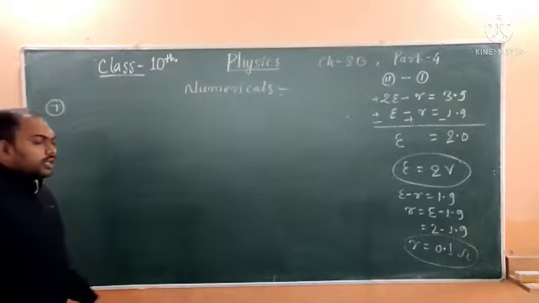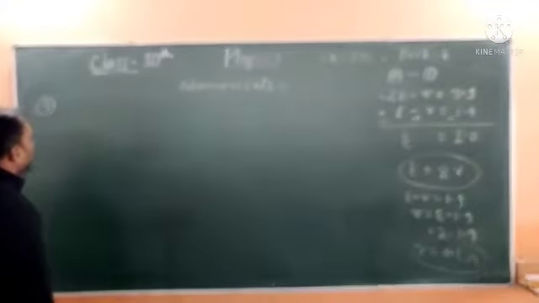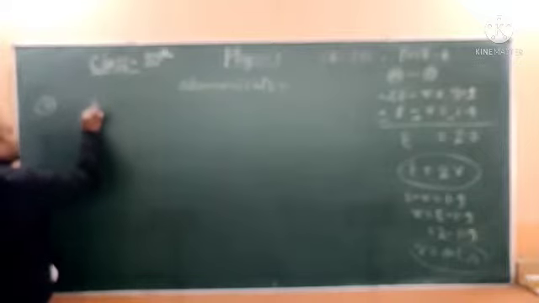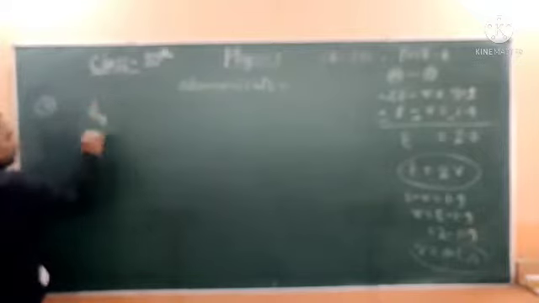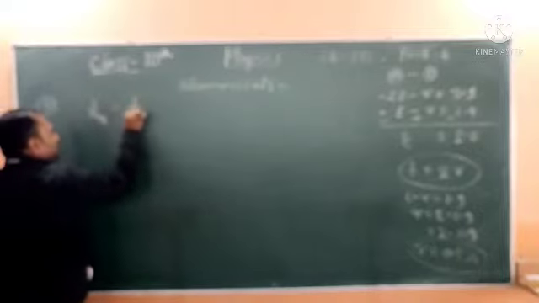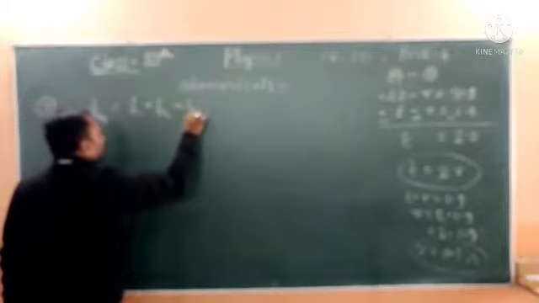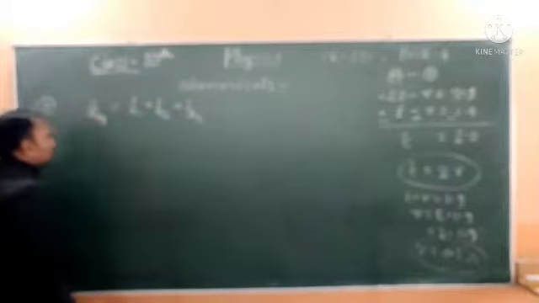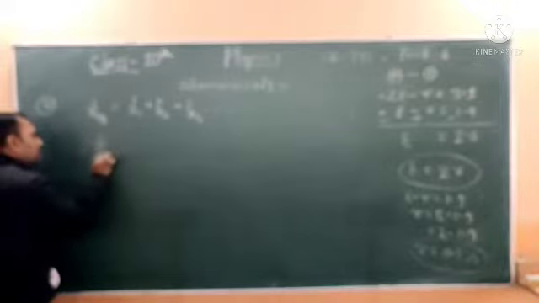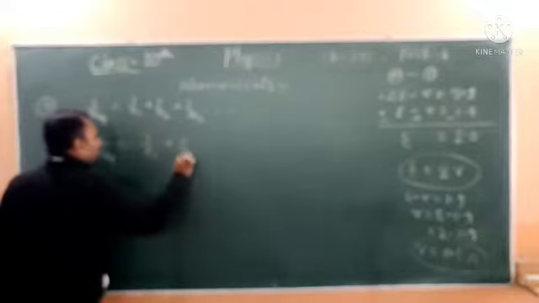Dear, before question number 7, I am going to build up some theories. As we know that 1 upon r equivalent in parallel is 1 upon r1 plus 1 upon r2 plus 1 upon r3, and so on. If there are 2 resistors only, 1 upon r equivalent will be equal to 1 upon r1 plus 1 upon r2.